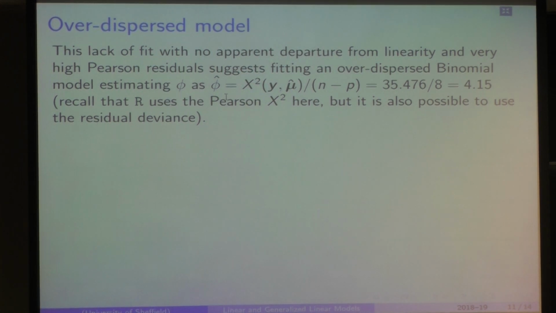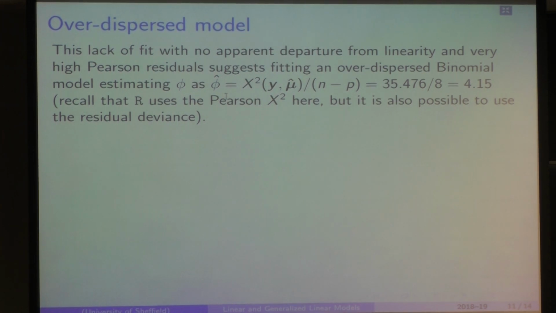So how do we estimate phi, the dispersion parameter? Well, the way that R does it is to take the Pearson chi-squared statistic and divide by the number of degrees of freedom.